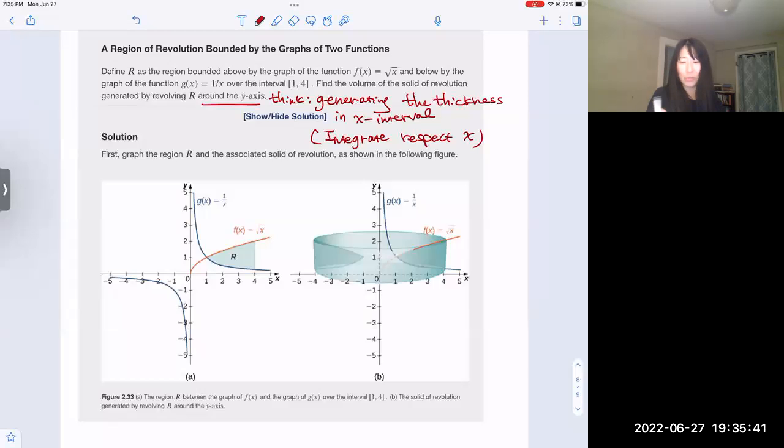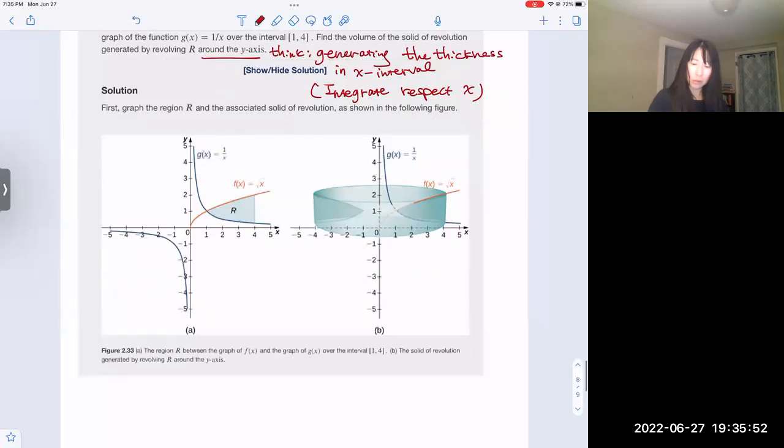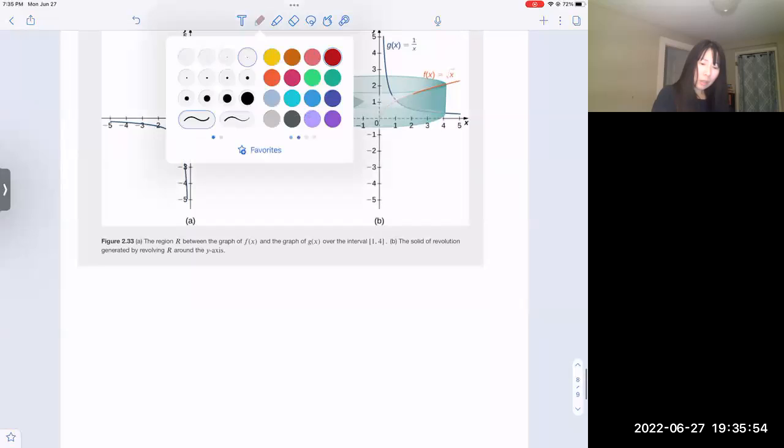We talk about the height. If we have the x-axis, y minus the left function. So let us finish this one.